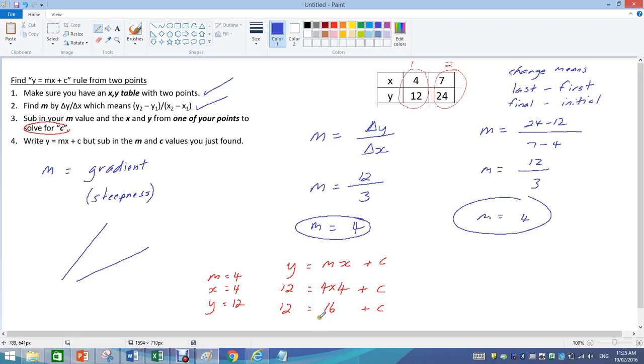So it's just got 16 sitting there, so we better take that away to get rid of it. And we take it away on this side as well, and it will be gone. So what are we left with? Okay, on the left side, 12 take away 16 is -4. 16 take 16, that's 0, so it's gone. So on the right side, we've just got C. So -4 equals C.